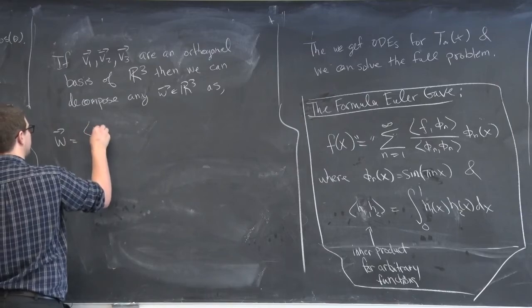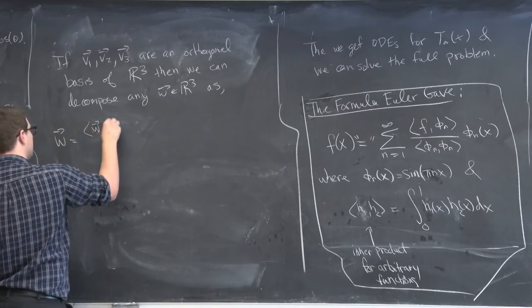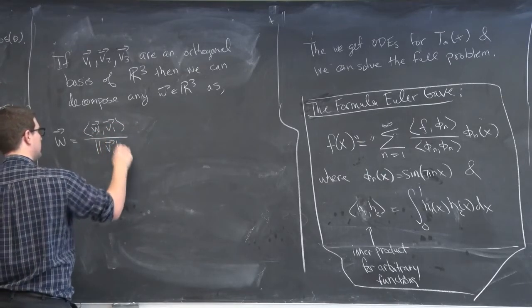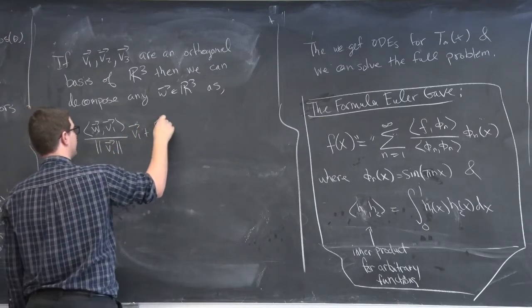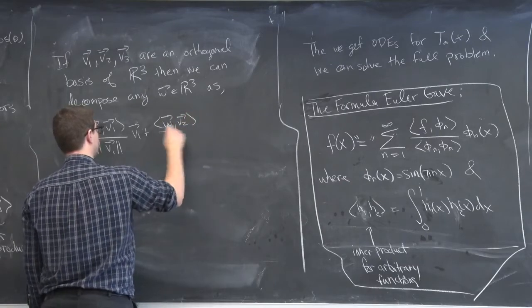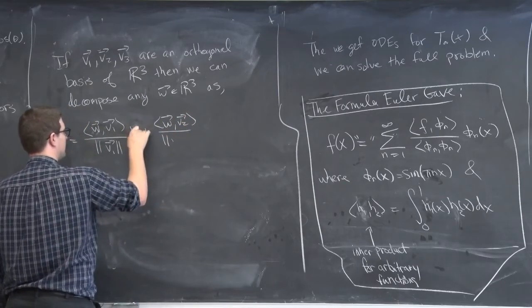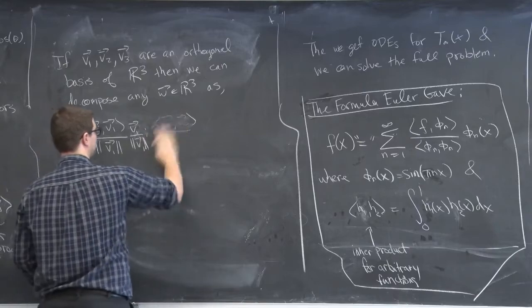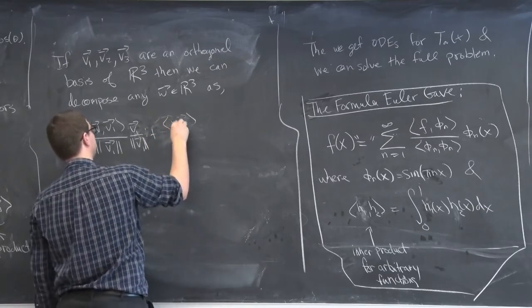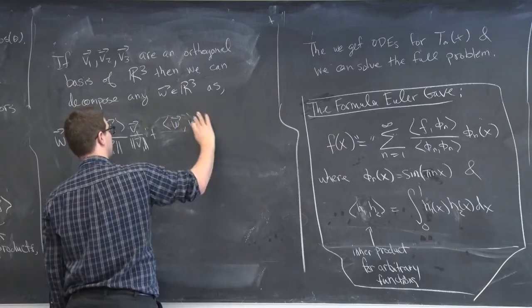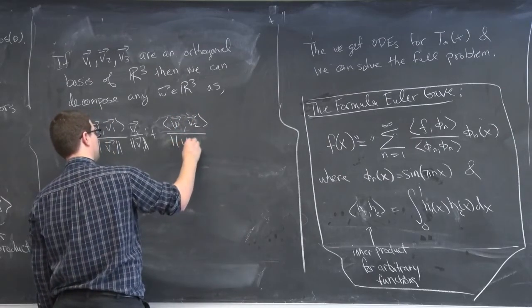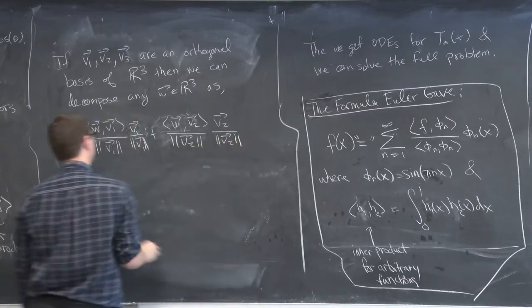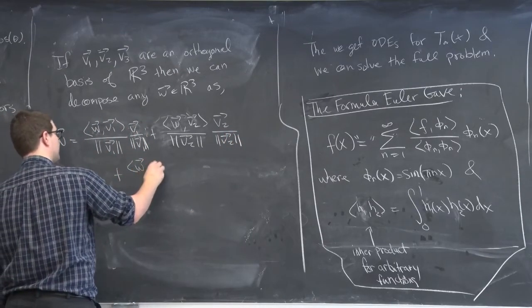And the combination is as follows. So you take the inner product of W with V1 divided by the norm of V1, times V1, plus the inner product of W with V2 times V2, and I'm just going to do the same with V3.